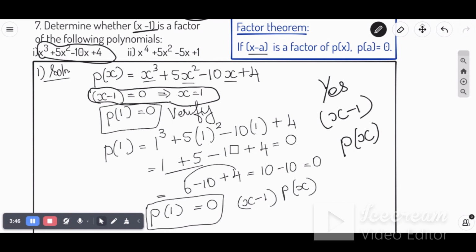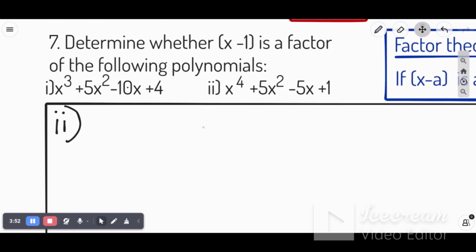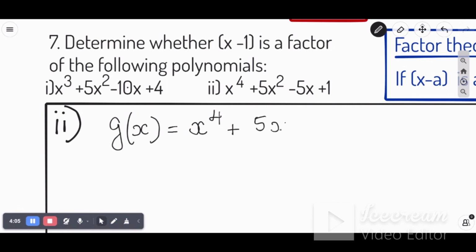Now let's move on to the second part of this question. Let us take g of x; you can take g of x, h of x, f of x, anything. g of x is equal to x power 4 plus 5x square minus 5x plus 1.